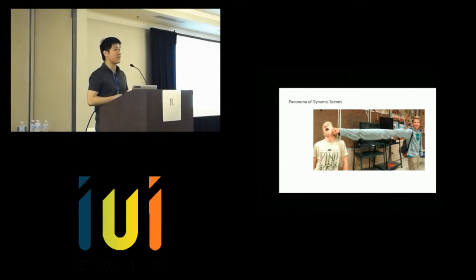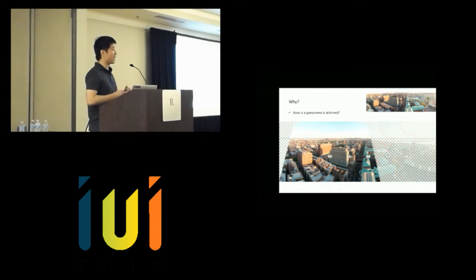But before we dive into how we solve this problem, let's first have some understanding of how a panorama is stitched and why this happens. A panorama is stitched from several individual frames. And for each pair of frames, if they have sufficient overlap, the computer vision algorithms are able to adjust their scale, rotation, and translation to enable their overlapped content to be aligned properly.